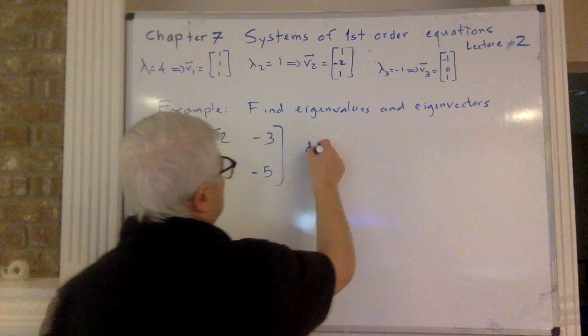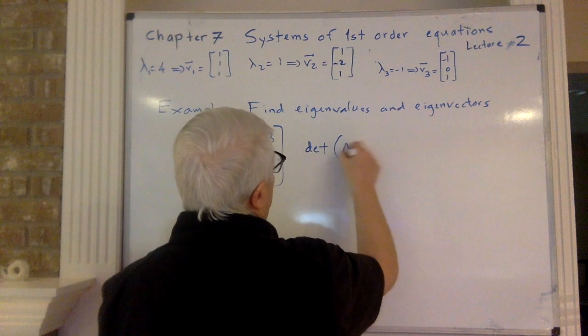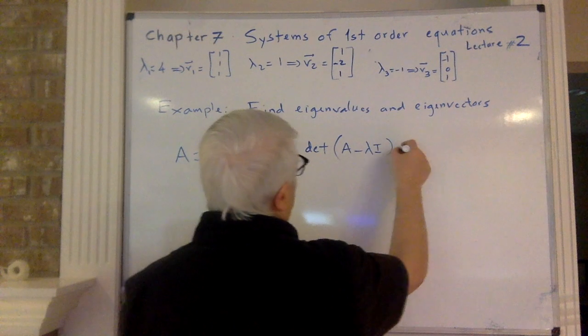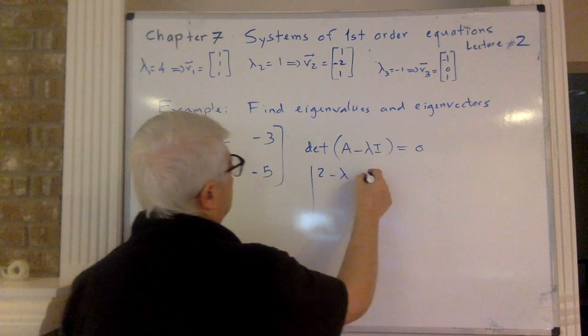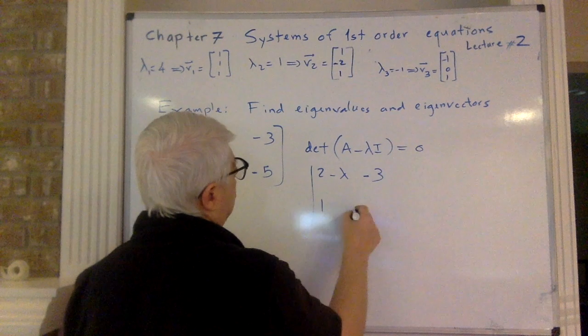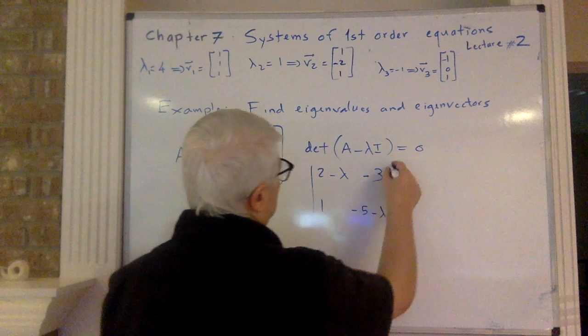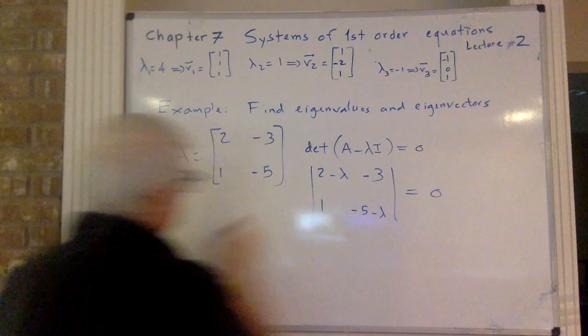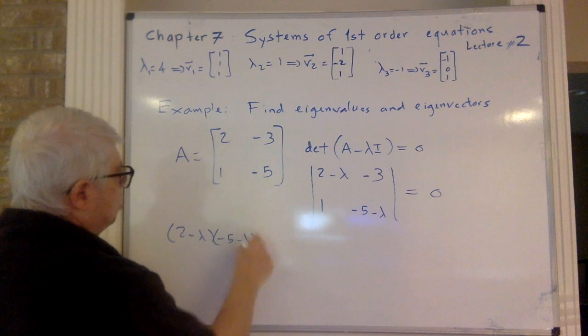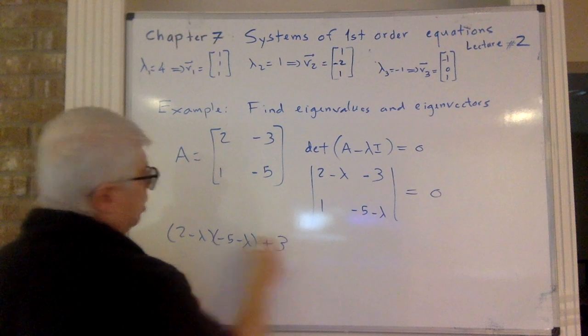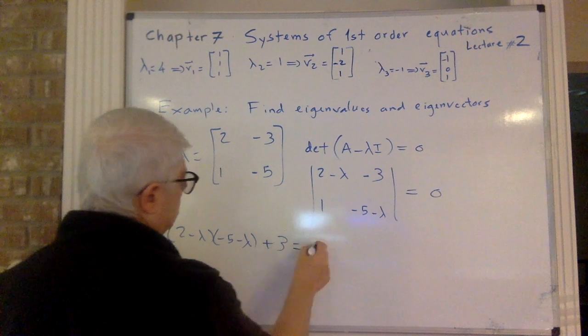So the determinant of A minus lambda I is 0, that is the determinant of 2 minus lambda, minus 3, 1, minus 5 minus lambda, is 0. So I have 2 minus lambda times minus 5 minus lambda, plus 3, is 0.